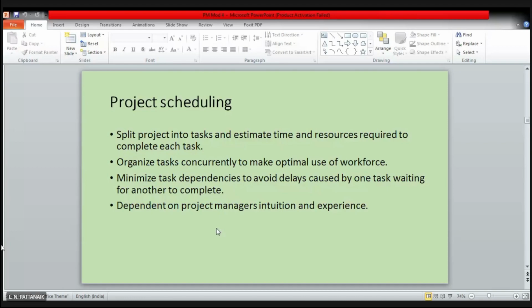So under that project scheduling, we have taken one class in which I talked about something called work breakdown structure, WBS. That is basically you are breaking down your whole project into small packages of work which are distinct, which are discrete, and which are identifiable, so that you can easily make the consequent plannings.